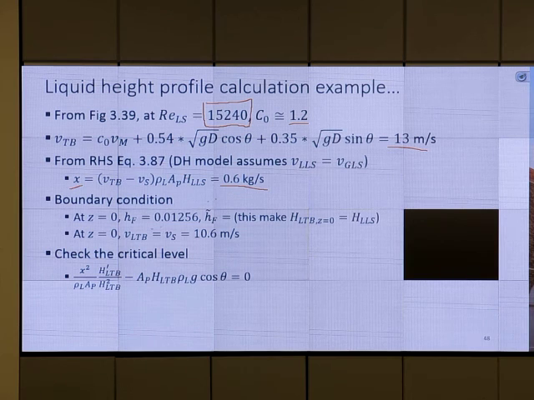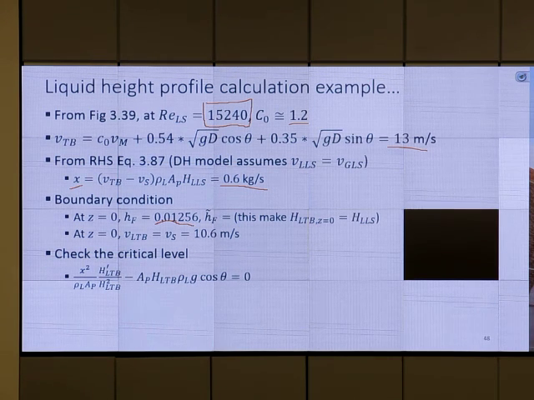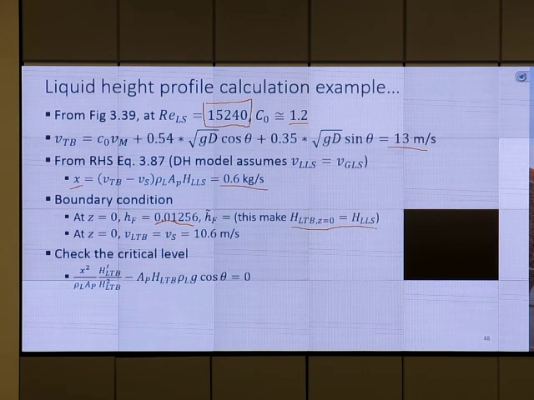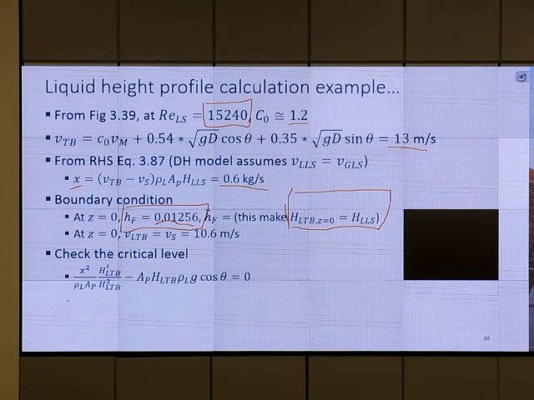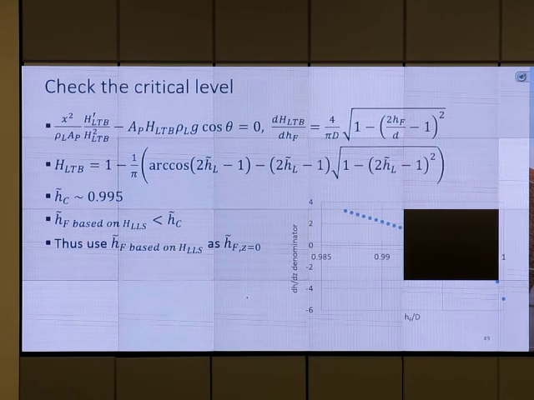And for the boundary condition, I calculate HF, I get this much, 0.01256. So this is H that comes from HLTB at Z equal to 0 equal to HLLS. Okay, that's high. And this is the number that we talked about, right? That is back calculated numerically. Okay, check the critical level, set the denominator equal to 0, calculate it.